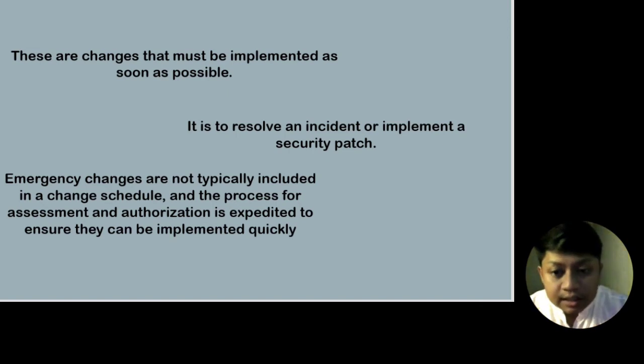So basically, emergency changes are the exact opposite of standard changes. Examples of this are implementing a security patch for a zero-day exploit, and isolating the network from a large-scale distributed denial of service.